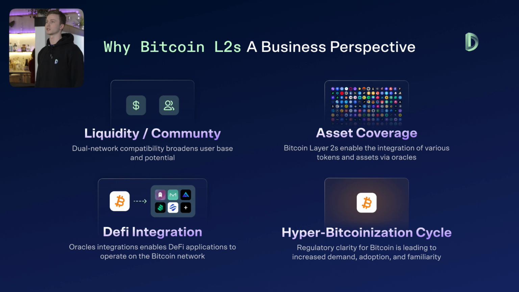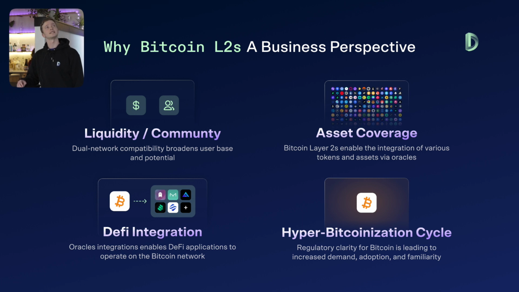I really think this is a strong opportunity. For the first time ever, we're able to access the liquidity and community within both of these ecosystems, which have forever been mutually exclusive, but not collaborative. That's the first thing from a business perspective.